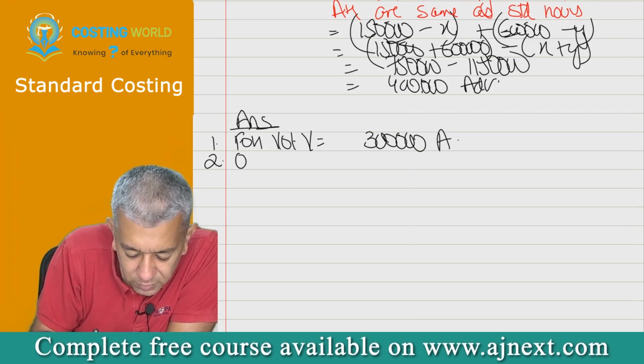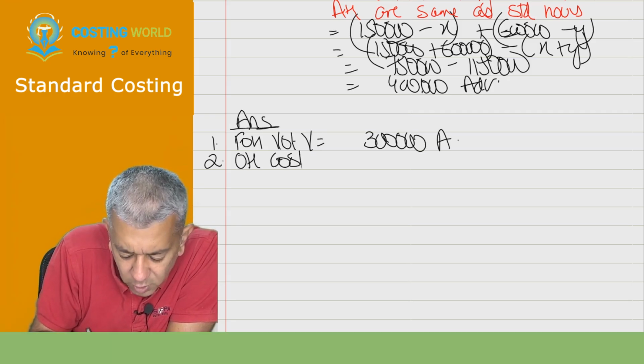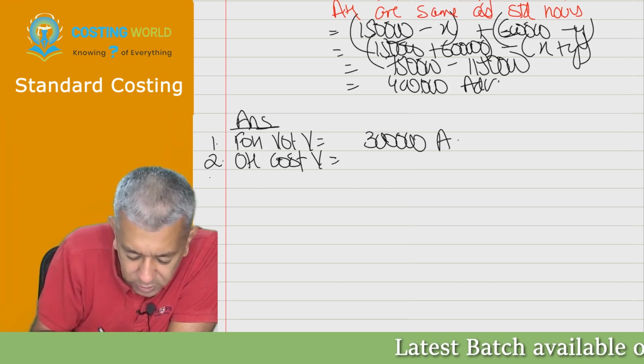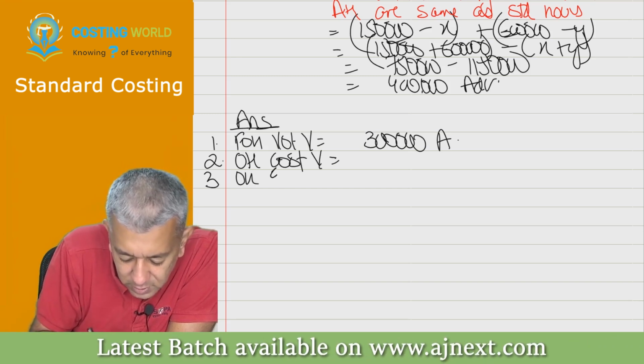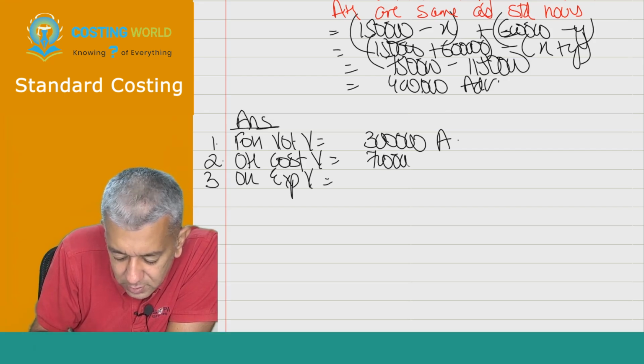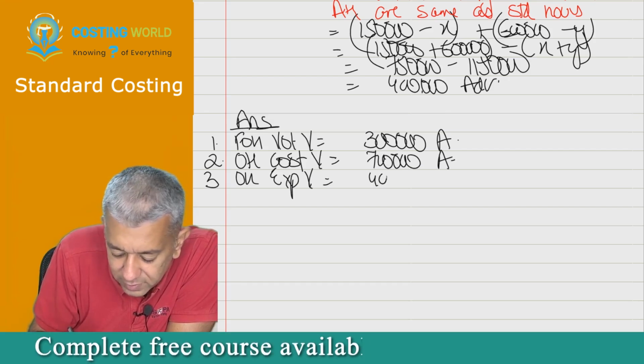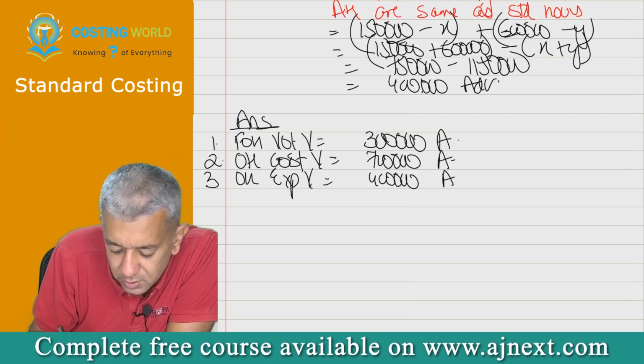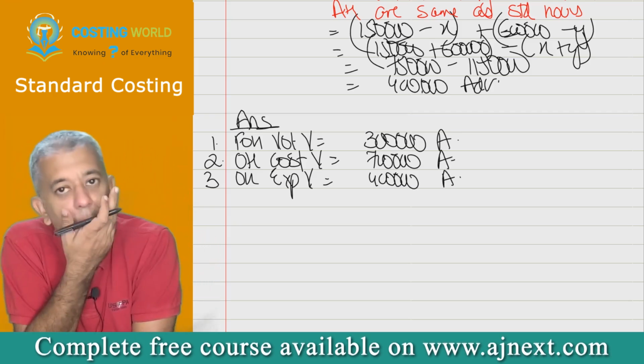Second, overhead cost variance or total overhead cost variance, then overhead expenditure variance. This was 7 lakh adverse, this was 4 lakh adverse.